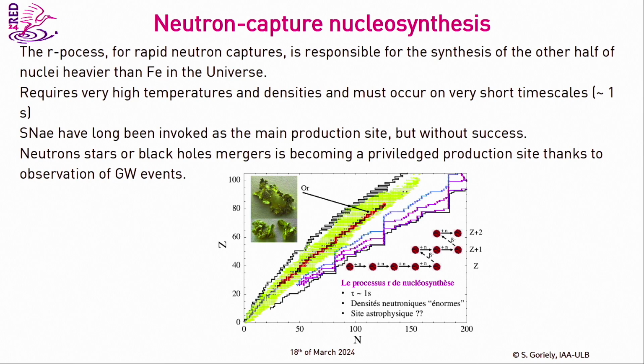And the actual optical counterpart of the event was observed, and light curves were determined. And there we saw lots of R process elements. So now we think that these R process elements are formed in the merging of compact, dead stars: neutron stars merging, or black holes merging, or a black hole and a neutron star.